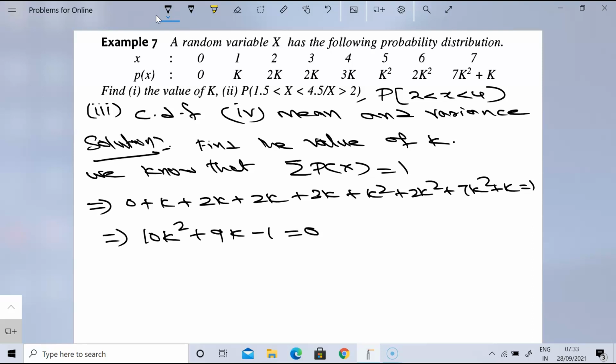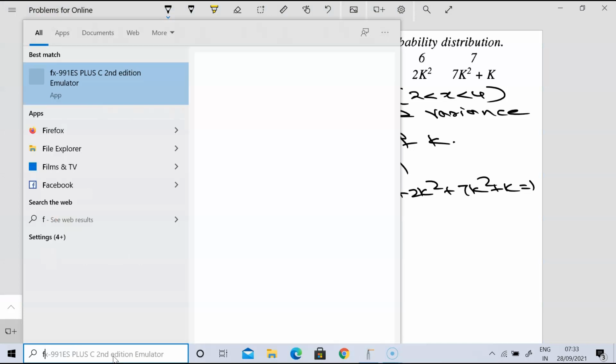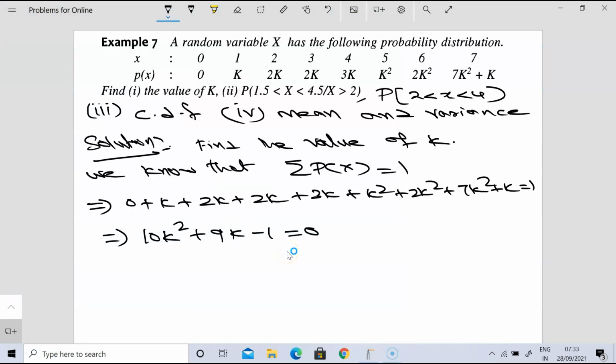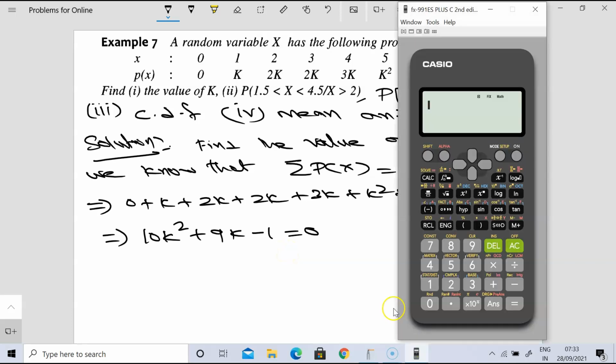So now I have to find the value of k. Let me try to solve this. You can use your calculator. No need of manual calculation. So when you use this type of calculator, there is an equation mode. Choose this equation mode, number 5, and I want the favorable one, this number 3.